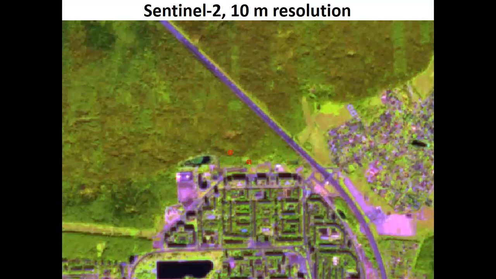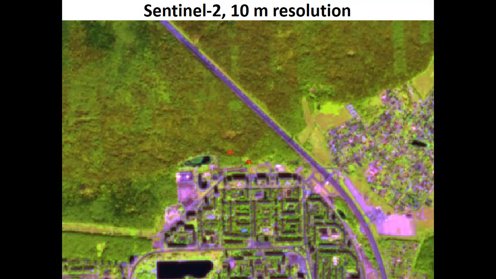Very similar resolution, but a little bit coarser: Sentinel-2 satellites, which show basically the same area I showed you as an example. You could see in the center two small red squares, which represent the Landsat pixels I demonstrated in the previous slides.